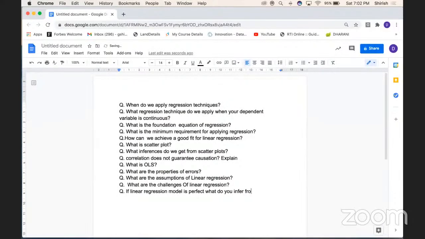From the results, what would the interpretation be of this?